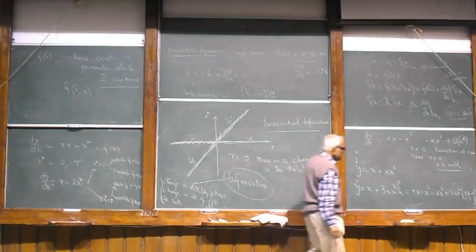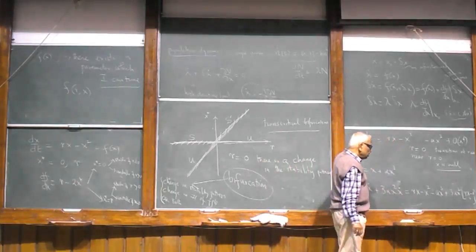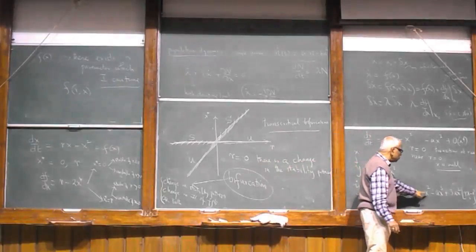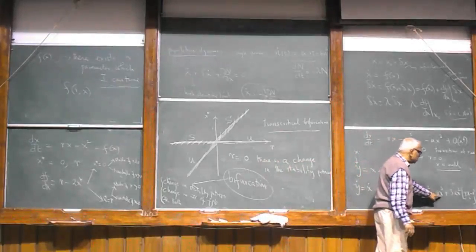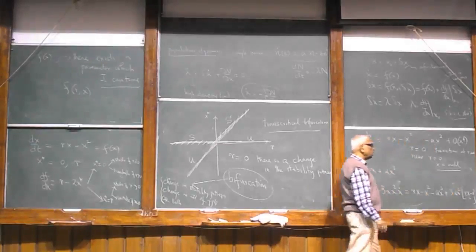If I were to invert this, here is rx minus x squared minus ax cubed plus 3 alpha r x cubed.